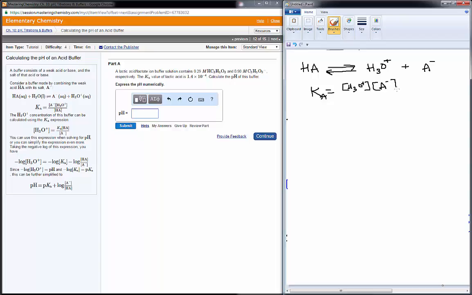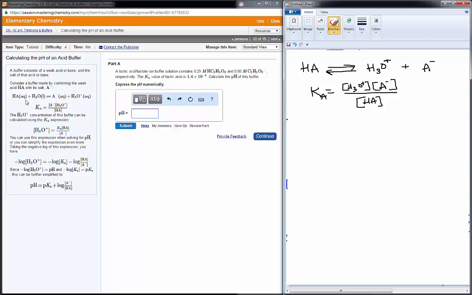But really, it's just the same thing that we learned previously when we looked at equilibrium. So HA on the bottom. And then if I know K, if I know these other concentrations, then I can solve for H3O plus. And if I can solve for H3O plus, then I can solve for my pH. That's how that's going to work.